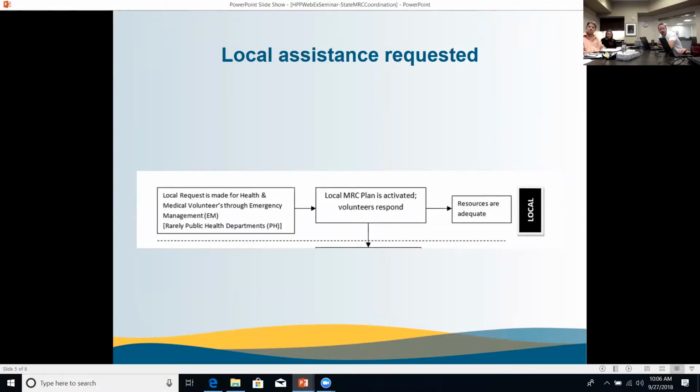So your emergency manager or your public health department identifies a need, and they request the local MRC volunteers. And if those resources are adequate, then we go no further. The MRC responds, and they're able to assist with whatever natural or public health incident that they're dealing with.